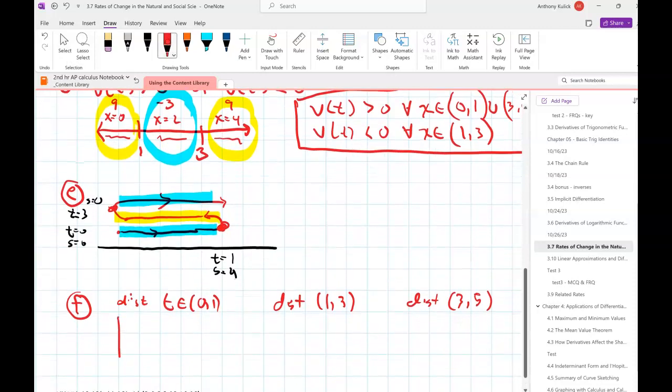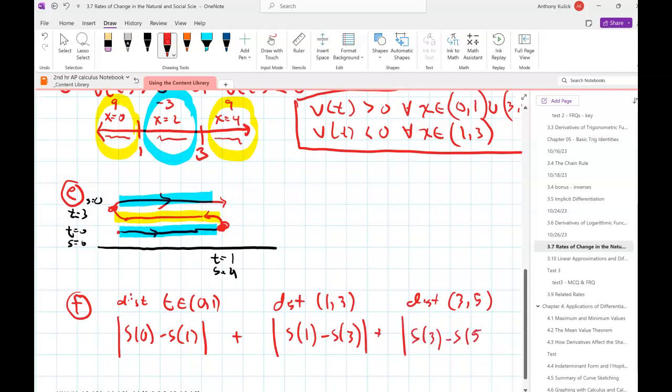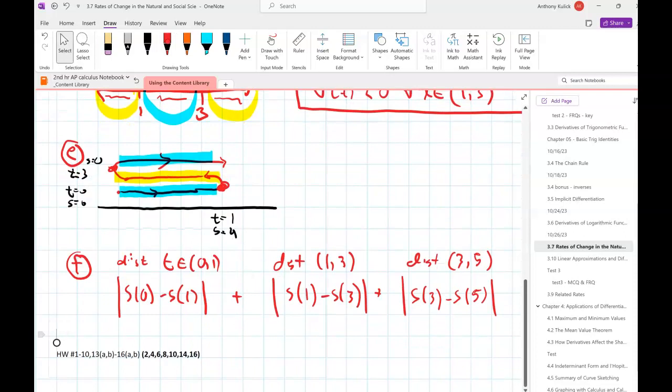So this is going to be the absolute value of s of 0 minus s of 1, the absolute value of s of 1 minus s of 3, and then the absolute value of s of 3 minus s of 5. And that should give me the total distance traveled by my particle.